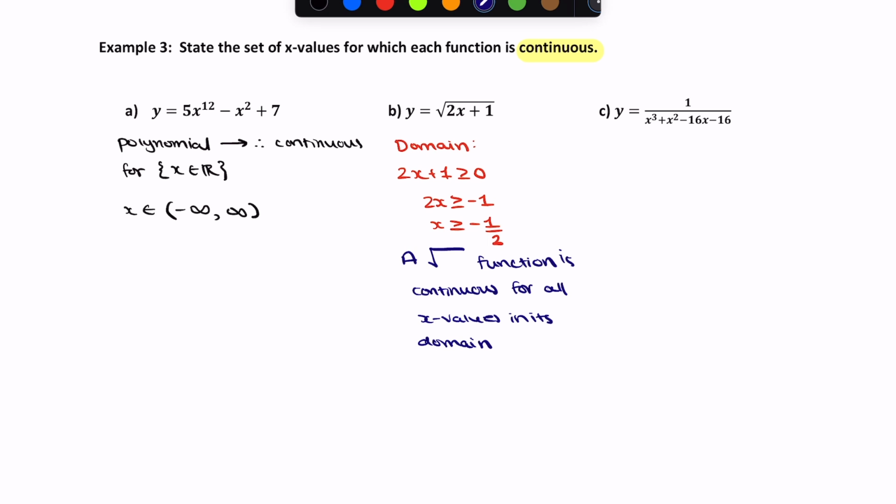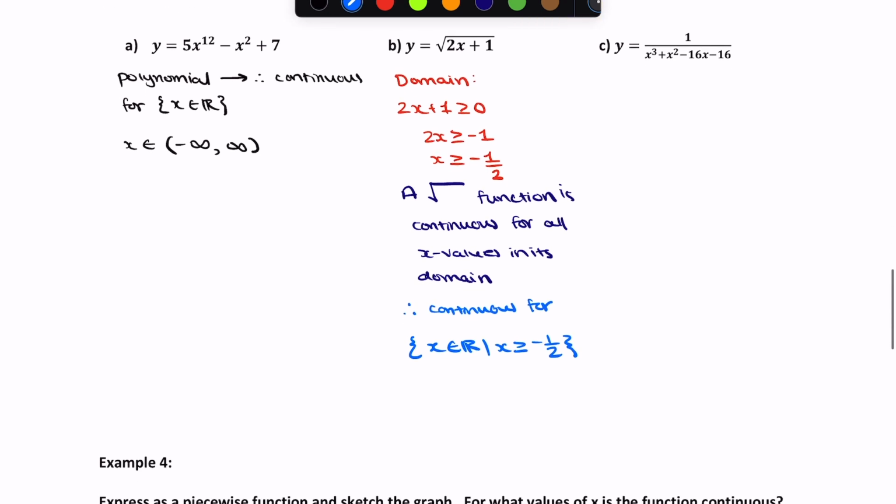And therefore, here we see that it's continuous for x is an element of real numbers, and x has to be greater or equal than negative 1 over 2.